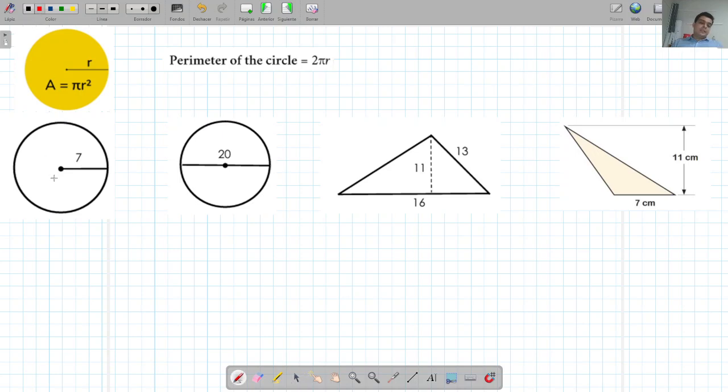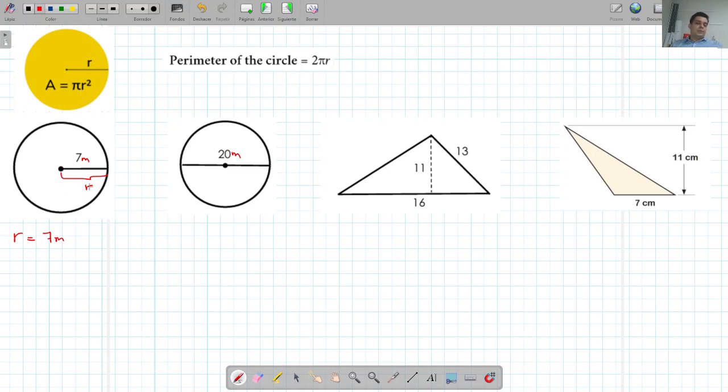The radius is the distance from the center to one of the extremes of the circle. For example, in this first circle, we have a radius of 7. I'm going to put the unit in meters because I forgot to put it. So the radius here will be 7 meters.